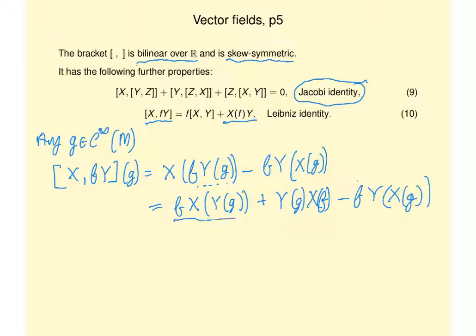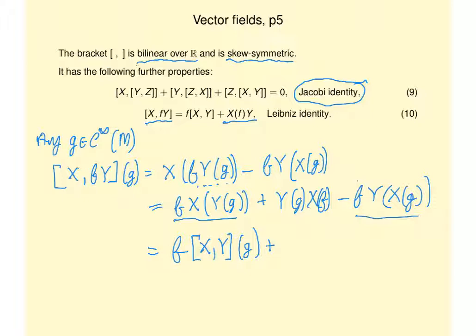And now I've got an f outside the first term and an f outside the second term, so I group those together. And in fact, once I've taken the f outside, I've got x of y of g minus y of x of g. So that is just the Lie bracket of x and y applied to g. And then here's y of g times x of f.